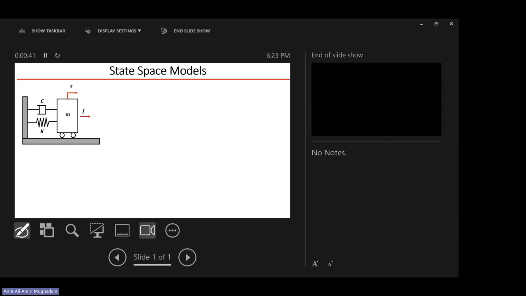Now, before we talk about the state space model and how we can obtain that model for this system, we would like to just write down the governing equation for this system. So from basic mechanics and free body diagram, we can write down the equation of motion for this system as m, which is the mass, x double dot plus c x dot plus k x equals f.